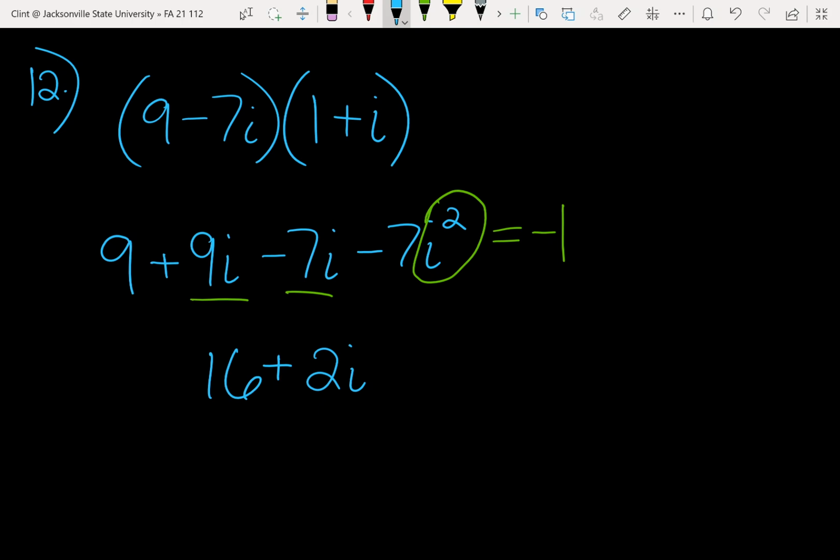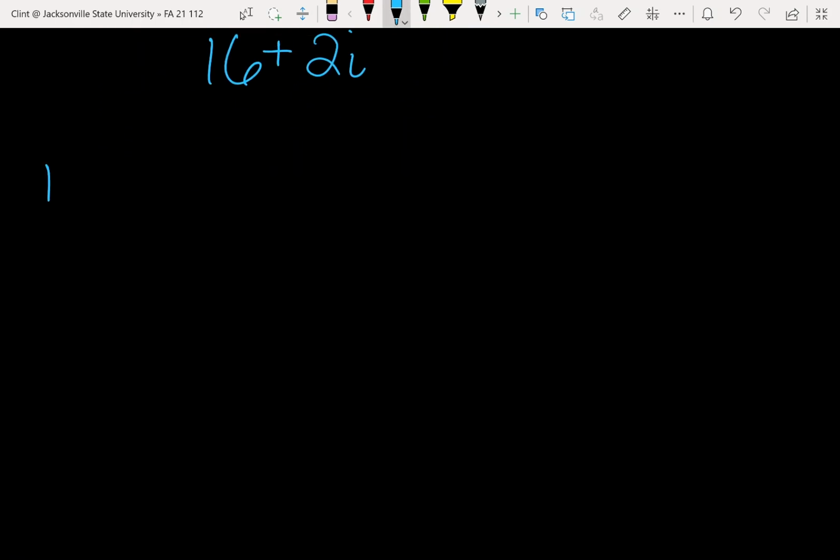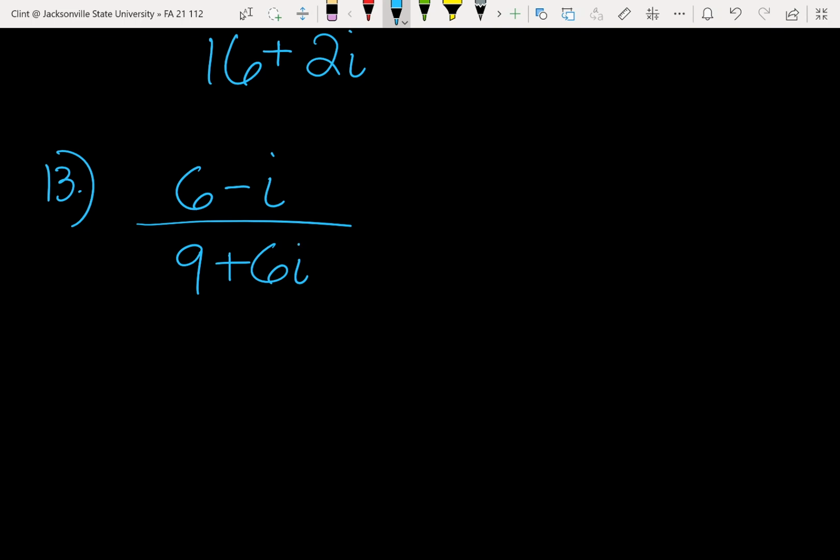13. We're dividing, or finding the quotient of, two complex numbers. So 13. Mine's one of the slightly more complicated ones. Got 6 minus i over 9 plus 6i.